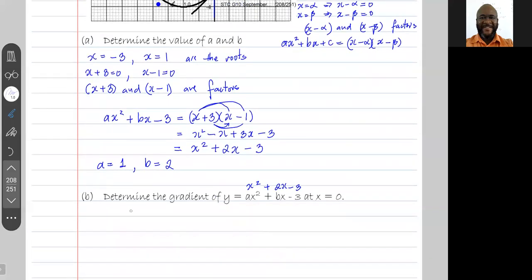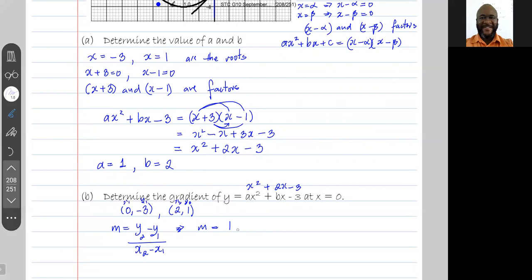So my 2 points on the tangent are 0, minus 3, and 2, 1. The gradient of the tangent m is y2 minus y1 over x2 minus x1. Therefore, m is equal to y2, which is 1, this is y1, x2, this is x1.